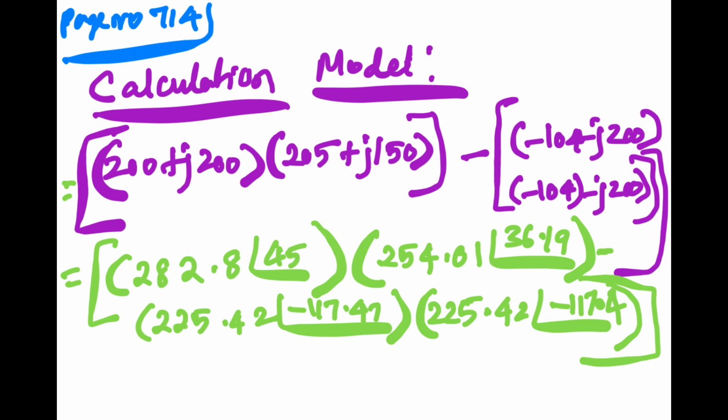Calculation, the circuit calculation I have given lastly: modulus of (200 plus j200) into (205 plus j150) whole bracket, minus (104 minus j200) into (104 minus j200) whole bracket. 282.8 angle of 45 and 254.01 angle of 36.19, whole bracket, minus 225.42 angle of minus 117.47, 225.42 angle of minus 117.4, small bracket and whole bracket.